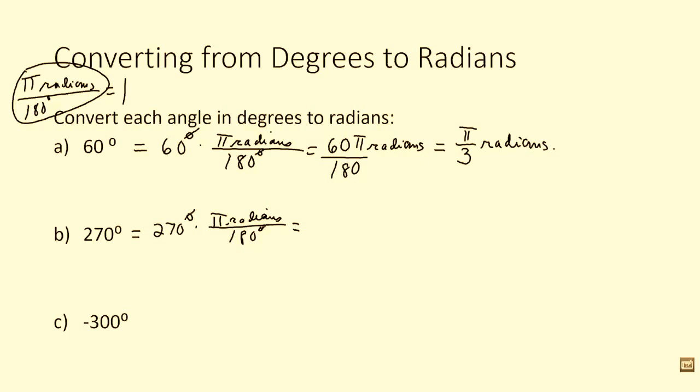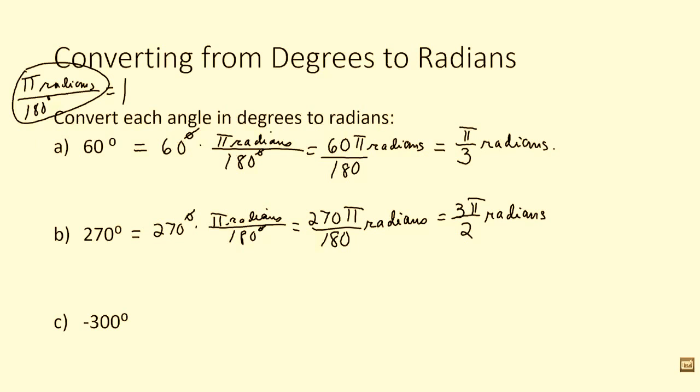That's going to leave us with 270 pi divided by 180 radians. Upon simplifying, we get 3 pi over 2 radians.